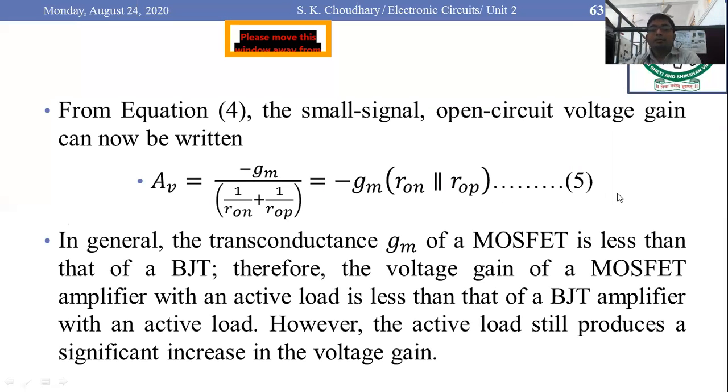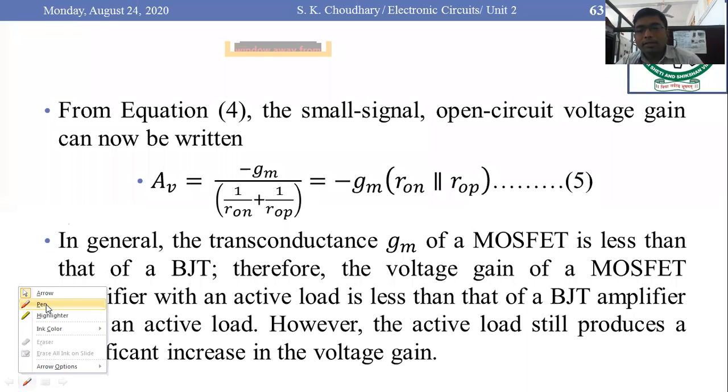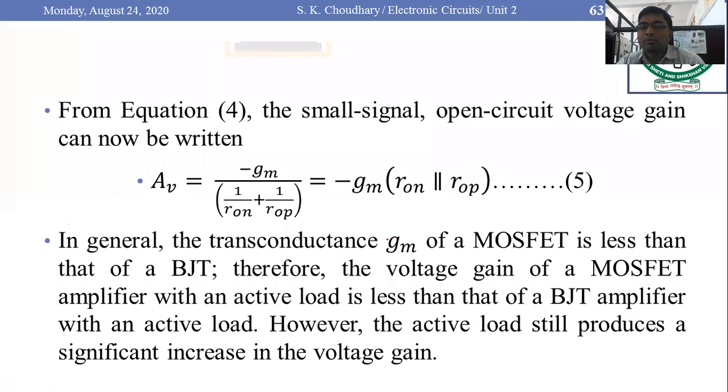In general, the transconductance Gm of a MOSFET is less than that of a BJT. This circuit is possible with the help of BJT as well as MOSFET. We have discussed here the MOSFET based current mirror circuit.